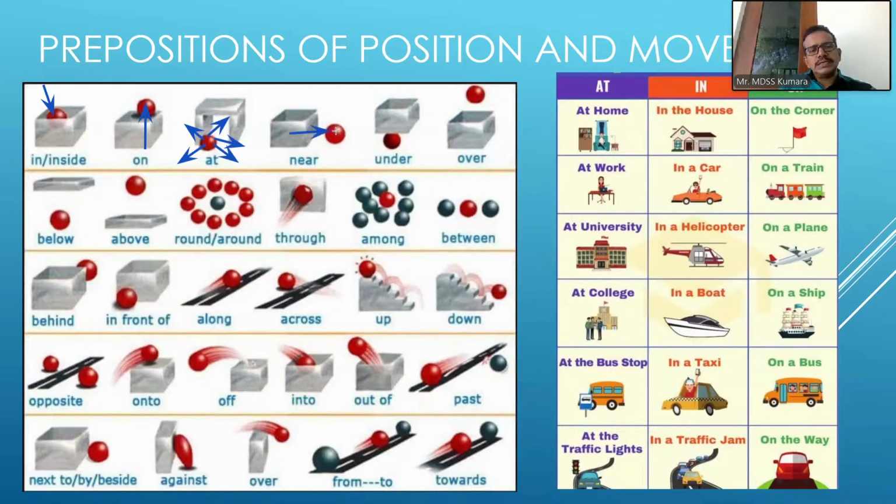Next one is near. Near is also a little similar to at, but near is a vague preposition. It doesn't give the exact position, exact location. Next one is under, and the opposite of that is over.